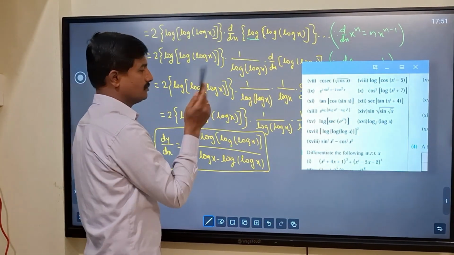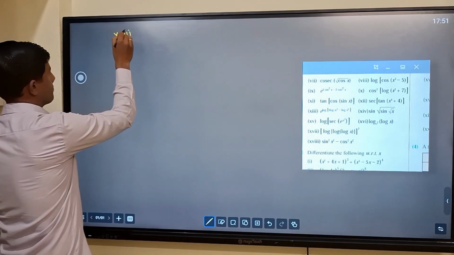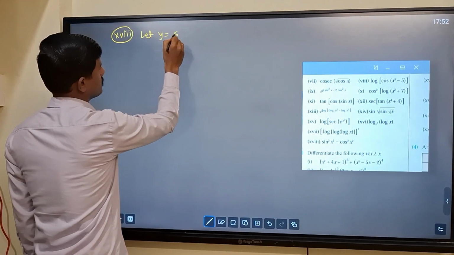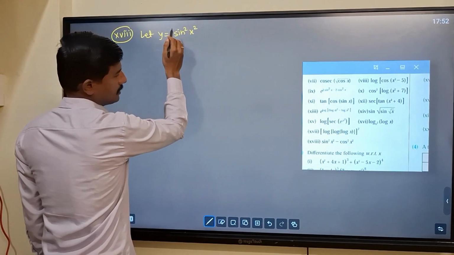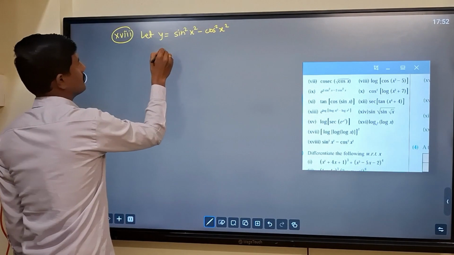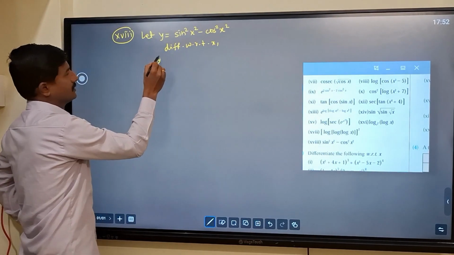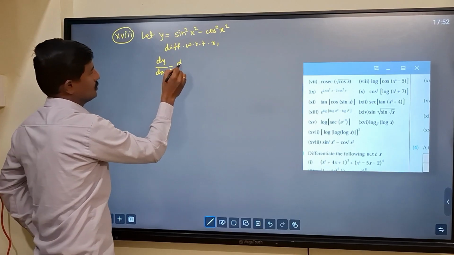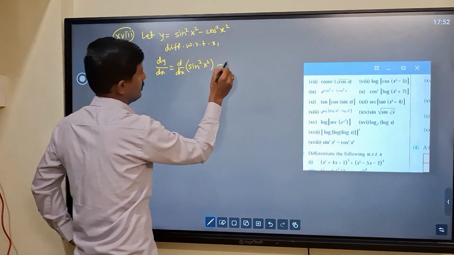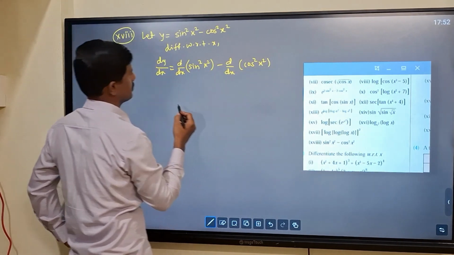Now last question for the second question. Let y equal to sine square x square minus cos square x square. Differentiate with respect to x. This becomes dy by dx equal to d/dx of sine square x square minus d/dx of cos square x square.